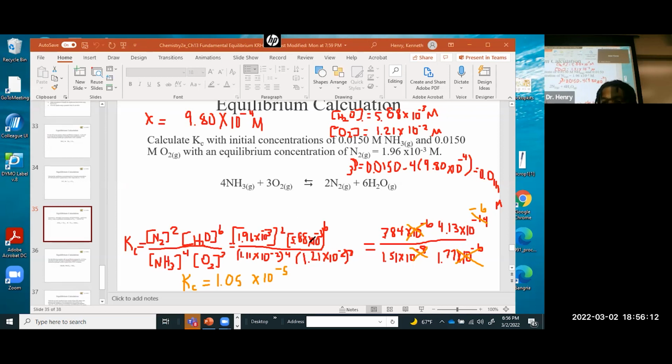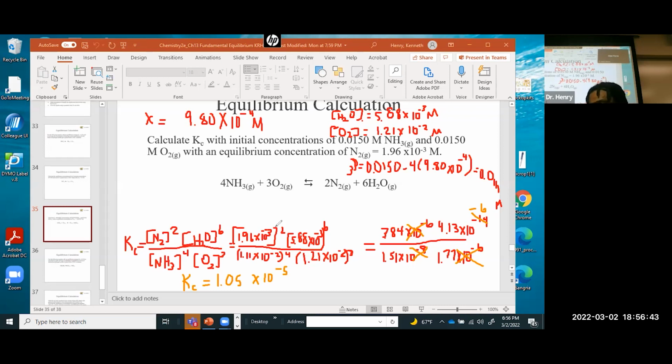Okay, and then I have 1.11 to the negative 2 power, and that is going to be to the 4th power.